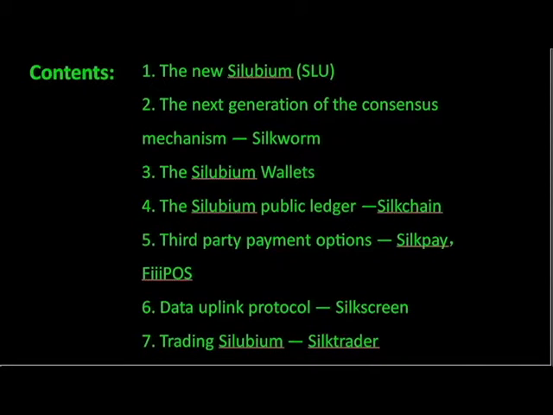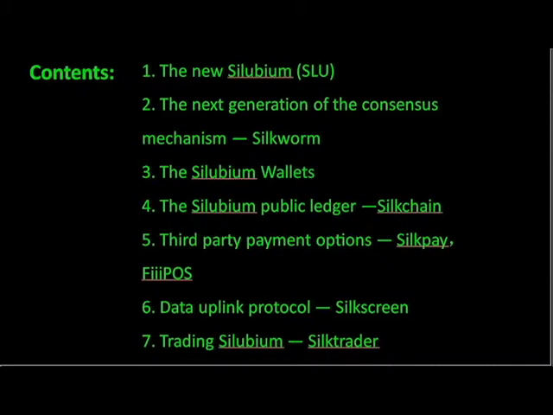So there will be Silkworm, pretty important, and then the Silubium wallets will also be subject to updates. The Silk chain, which many of you have already used, already exists and is already online. Some features will also be added to that.